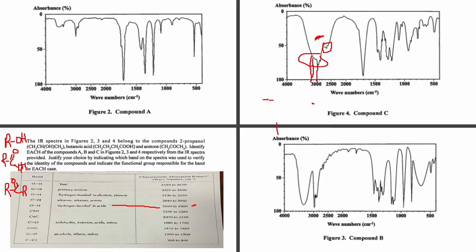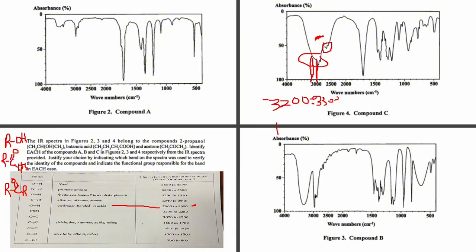So the wave number from here I would have gotten between 3200 to 3300. So a number along that range, and it falls within your OH group range on your data sheet.